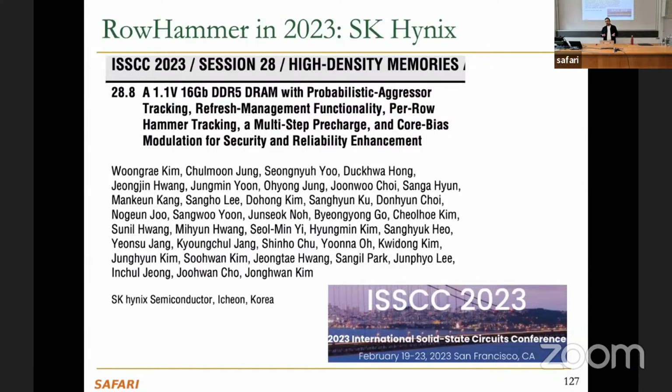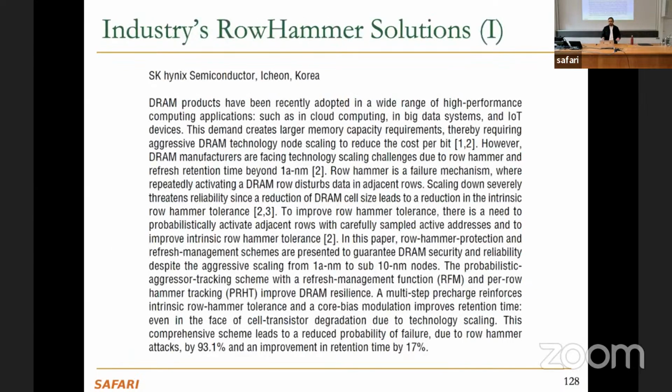Some exciting news from 2023: SK Hynix published a very short paper. It's just 2 pages long, if I remember, that talks about both probabilistic and deterministic RowHammer mitigation mechanisms that they propose to be implemented inside DRAM chips. So you can assume that they are implementing those.